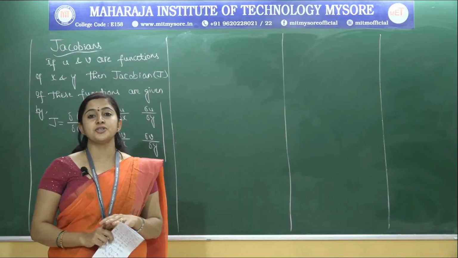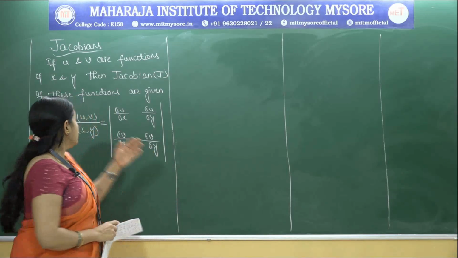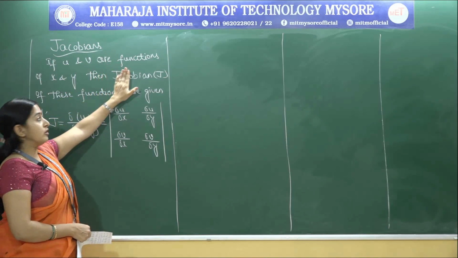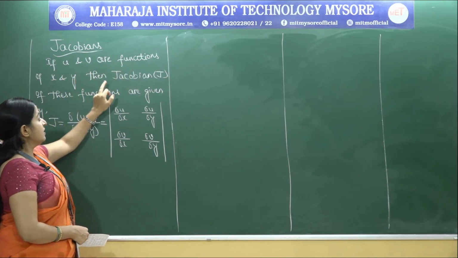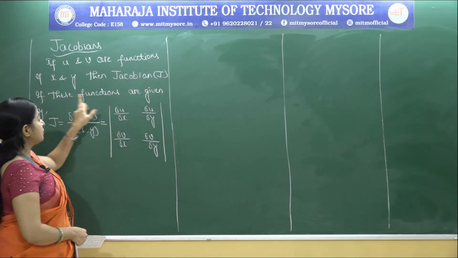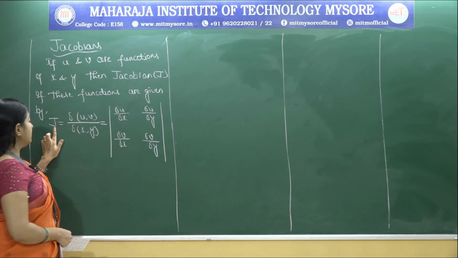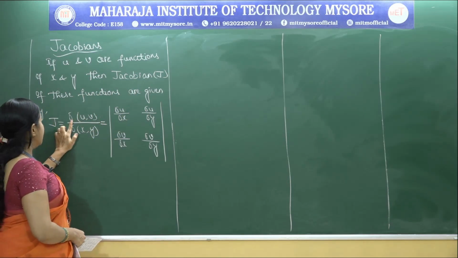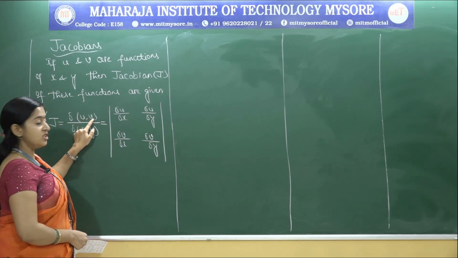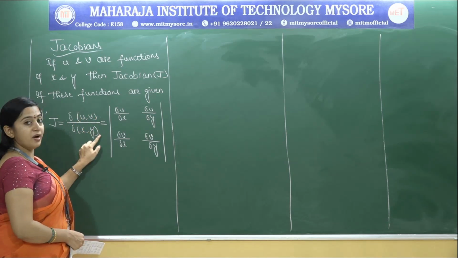My next topic is Jacobians. First I tell you the definition. If u and v are functions of x and y, then the Jacobian J of these functions is given by, this is the Jacobian symbol, J equals del of (u comma v). u and v are the two functions depending on the two variables x and y.